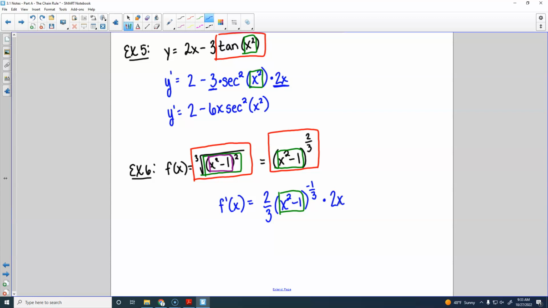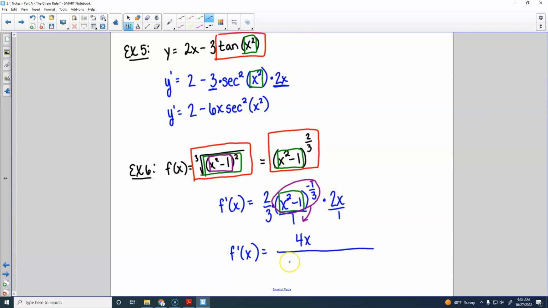Now, when you're simplifying this, especially when you got this fraction, remember this is all multiplied together. It might be a good idea to like put this over 1 and this over 1 to kind of help you keep everything straight. So, right here, I've got this negative 1/3 power, so I can move this stuff down to the bottom there. And so, in the top, I've got the 2 and the 2x remain, so that gives me 4x in the numerator.